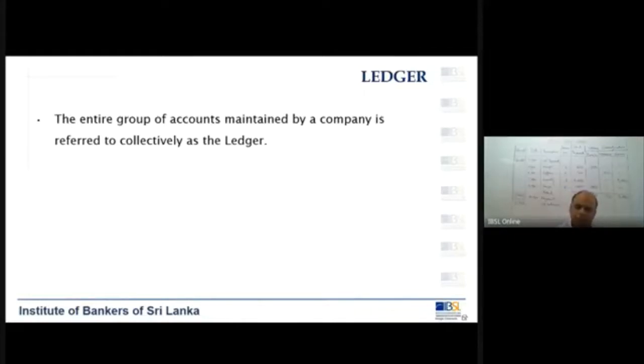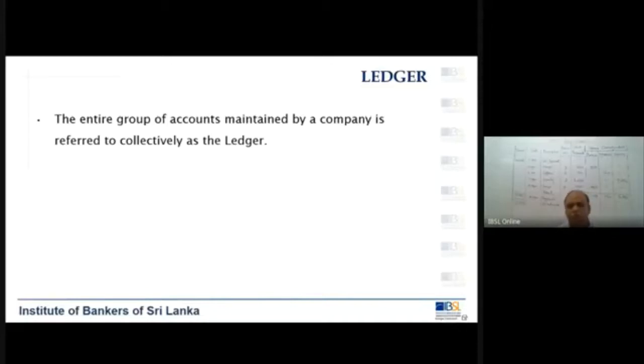So the future will be very much into new and more systems coming in, especially with regard to the bookkeeping exercise. Today we have the ledger in the computer systems, and as a result, you can have any number of accounts. There is no limitation.